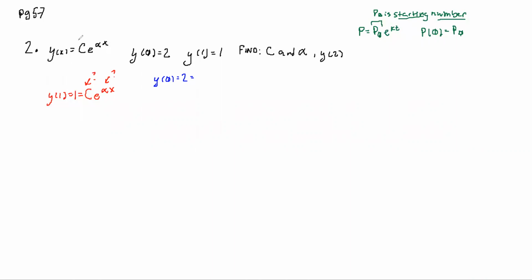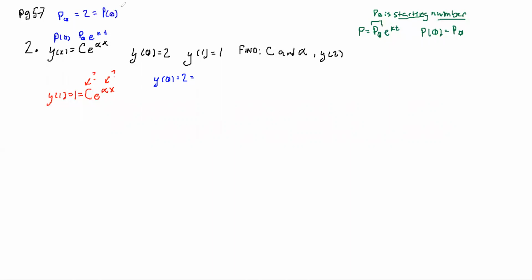Here we have y is going to be the equivalent of p, and then we have p naught e to the kt. So if p of 0 is equal to 2, then it is equal to p naught.